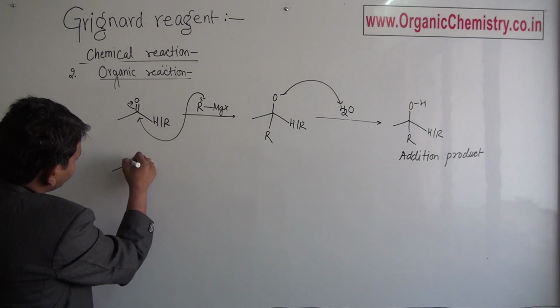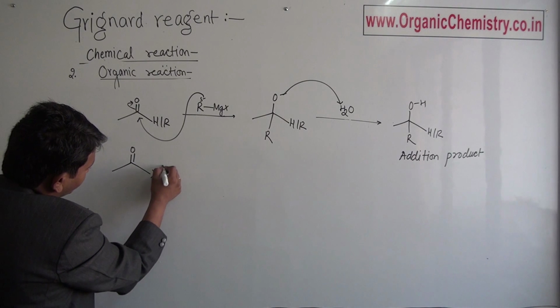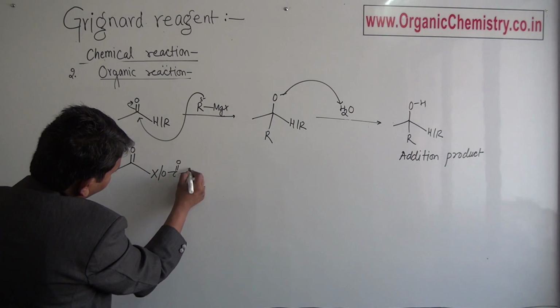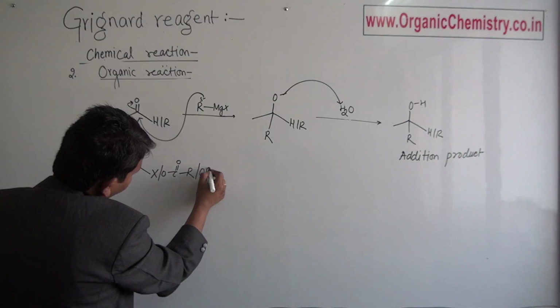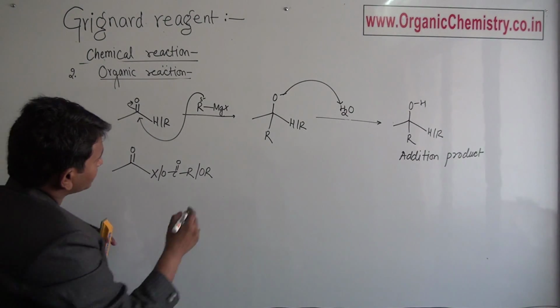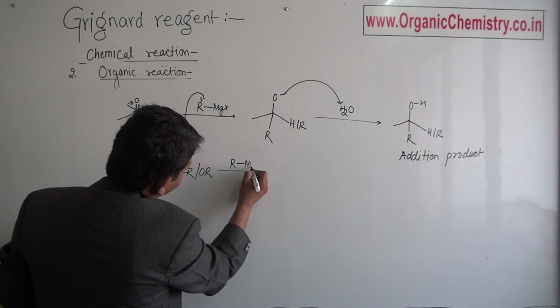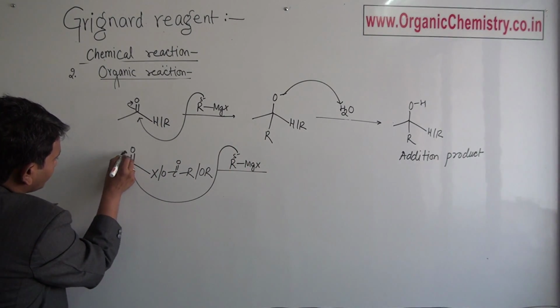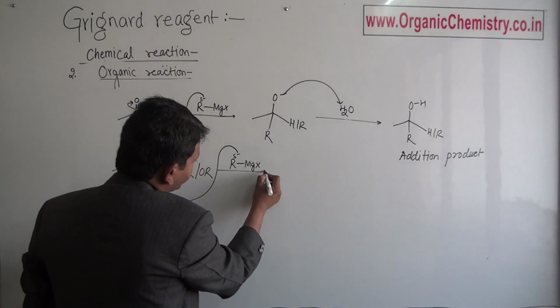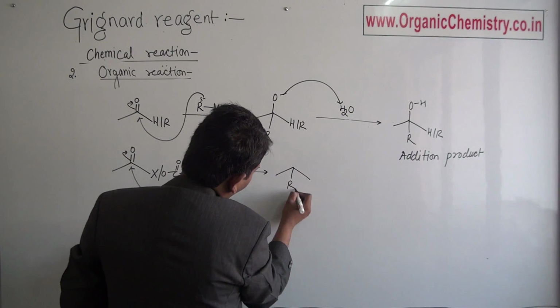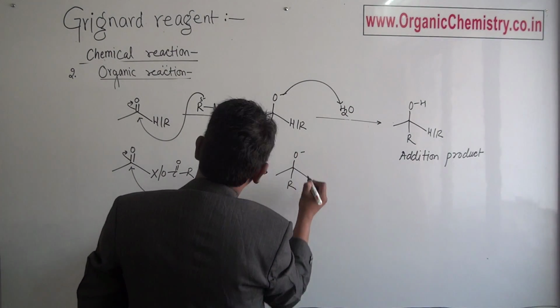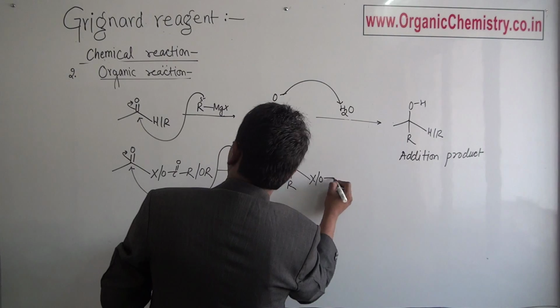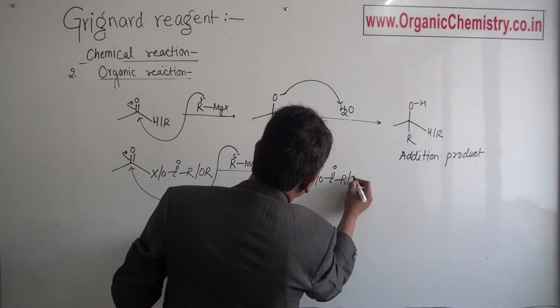Similarly, acid halide, anhydride, ester. This RMgX will attack, breaks this bond, similar to aldehyde and ketones, giving R, O negative, and the leaving group OCOR or OR.